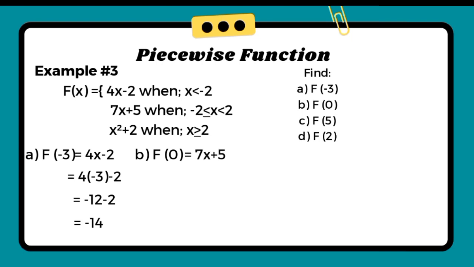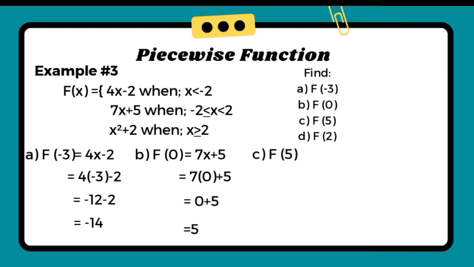Substitute lang na ulit natin yung x. Yung value of x, yung 0, ilalagay natin sa x. So, 7 times 0 plus 5. 7 times 0, alam naman po natin na 0 ang sagot. And 0 plus 5 is equal to 5. Ayan naman po yung sagot sa letter B. Diba? Ganyan lang po kasimple.